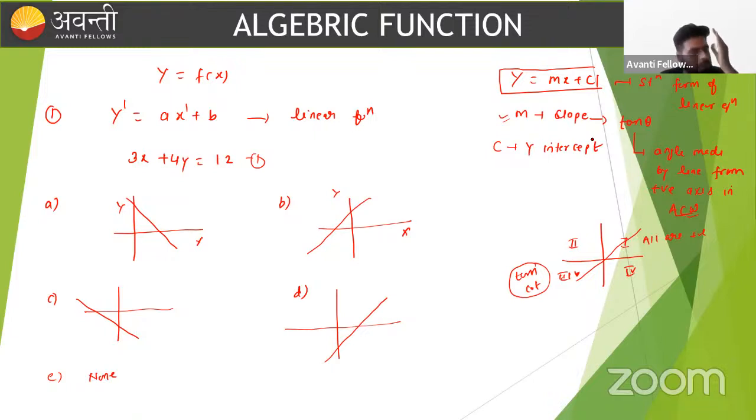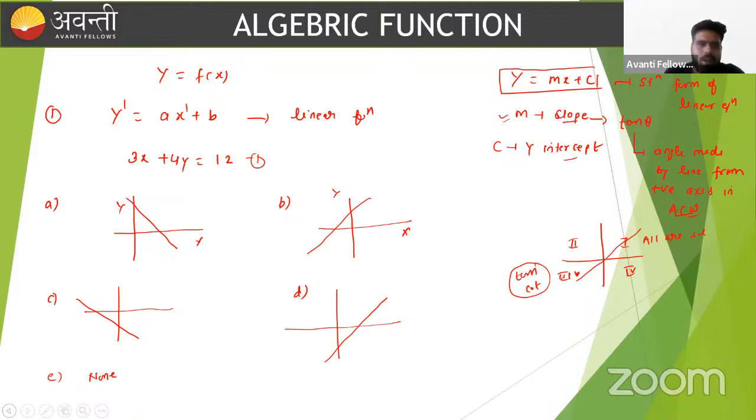It means if a line intersects the y-axis, then the distance of the intercept from the origin on the y-axis is known as the y-intercept. I hope this is clear to everyone, beta. One is the slope and another is the y-intercept.